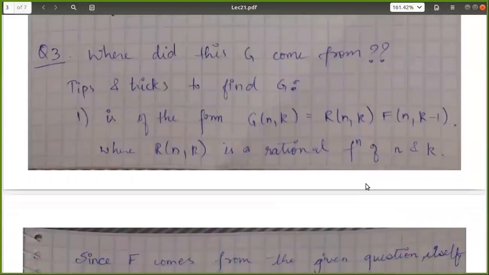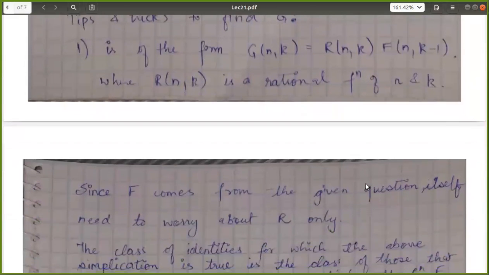But again, now you have introduced a new R, but how to come up with this R? That is the next question, which will be answered later.